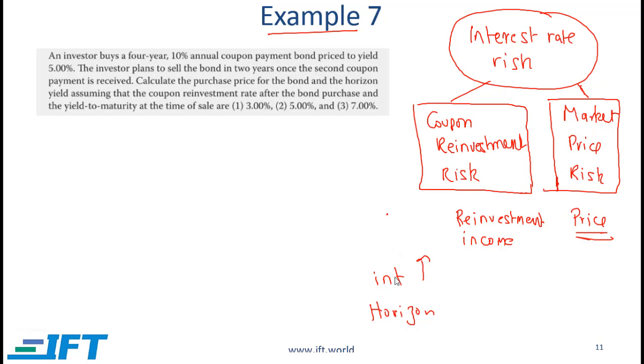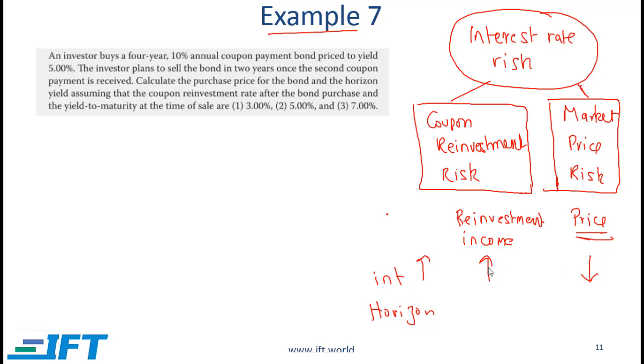What happens if interest rates go up? If this happens, then reinvestment income is higher because coupon payments are being reinvested at a higher rate. What about the price of the bond relative to carrying value, or relative to the value on the constant yield trajectory? There the price will be lower.